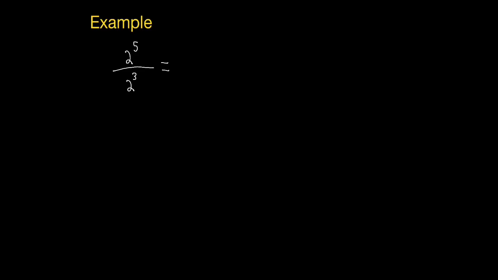So here, we can expand the numerator. 2 to the 5th just means that we're multiplying 2 by itself 5 times. And for the denominator, 2 to the 3rd just means that we're multiplying 2 by itself 3 times. Now, in algebra, something that hopefully we've learned by now is that we can cancel out common terms.